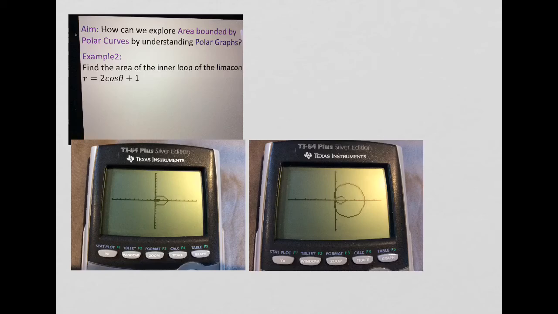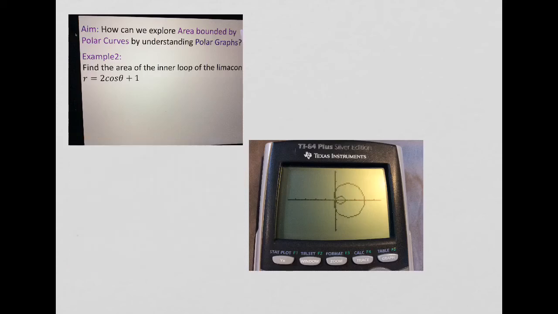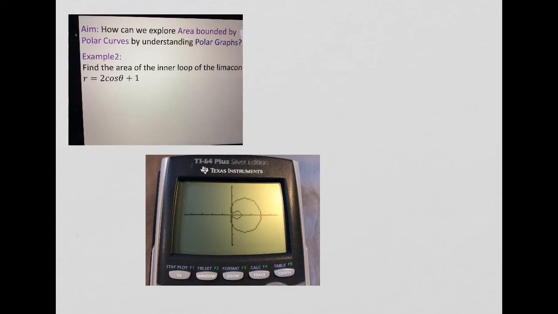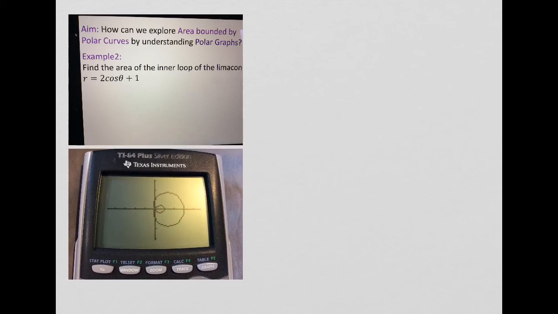So I wouldn't be thinking that it's angles that are very near 0 or very near where theta is 2 pi. So let me take this one away and focus on the other one so you can see a little bit clearer that inner loop that is created.